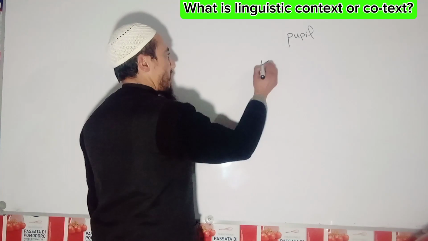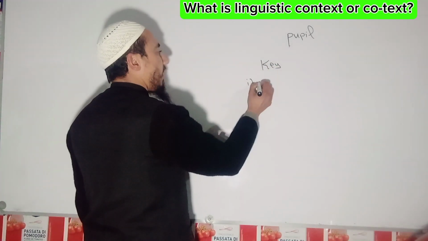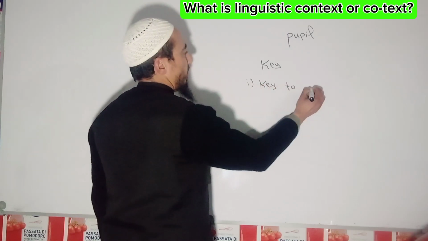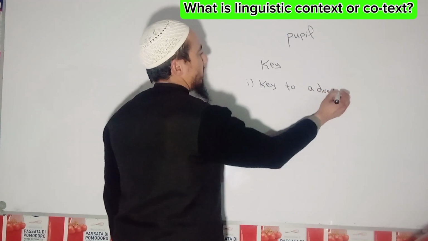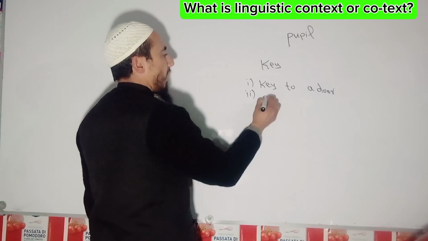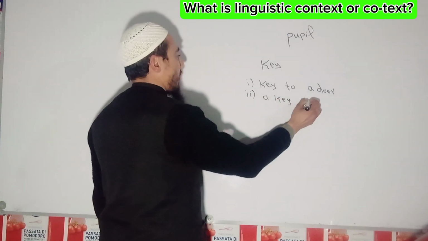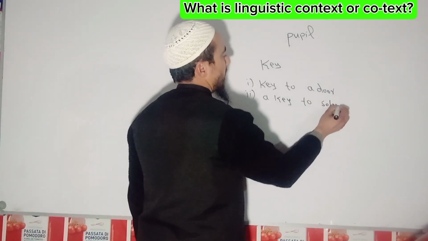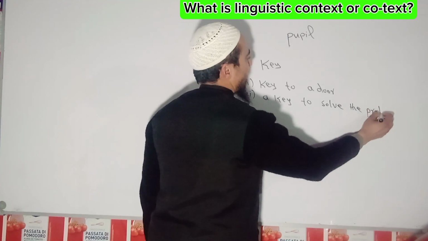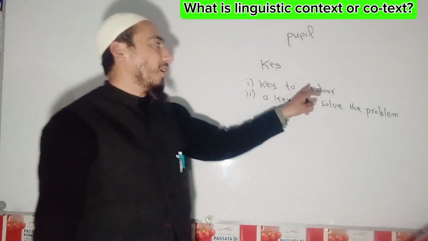Let me provide another example as well. Take the example of key. One example is a key to a door. Another example is a key to solve the problem. Now, listeners and audience, you see, key to a door.